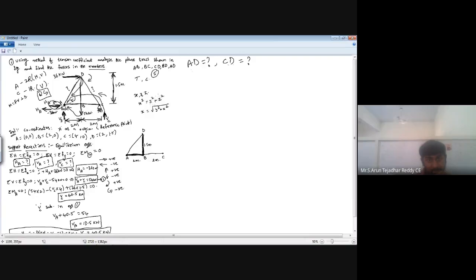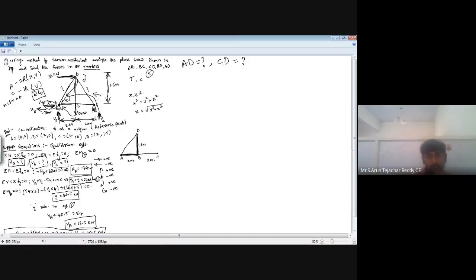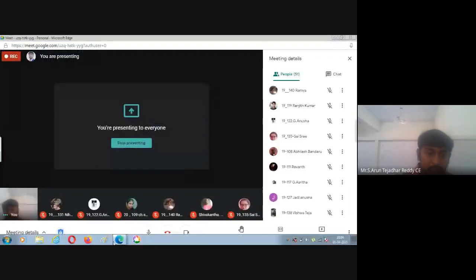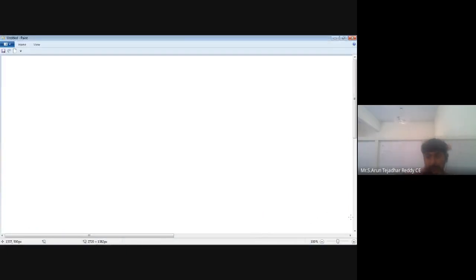By using this Pythagoras theorem. From D to D, it's 1.5.